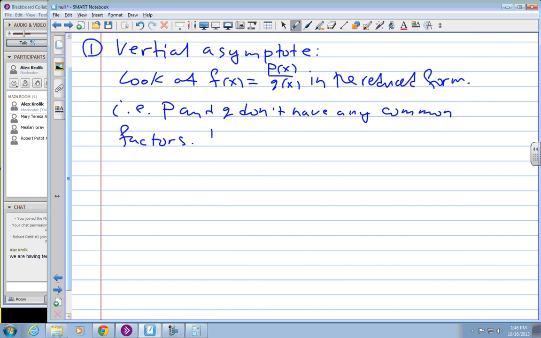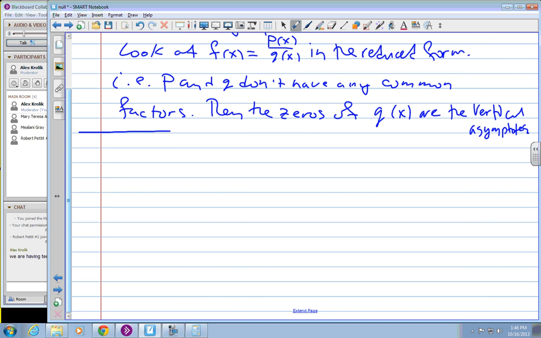So then the zeros of the denominator are the vertical asymptotes. So our function, the one we just looked at, x minus 3 over x plus 2, x minus 1, has two vertical asymptotes, at positive 1 and at negative 2.